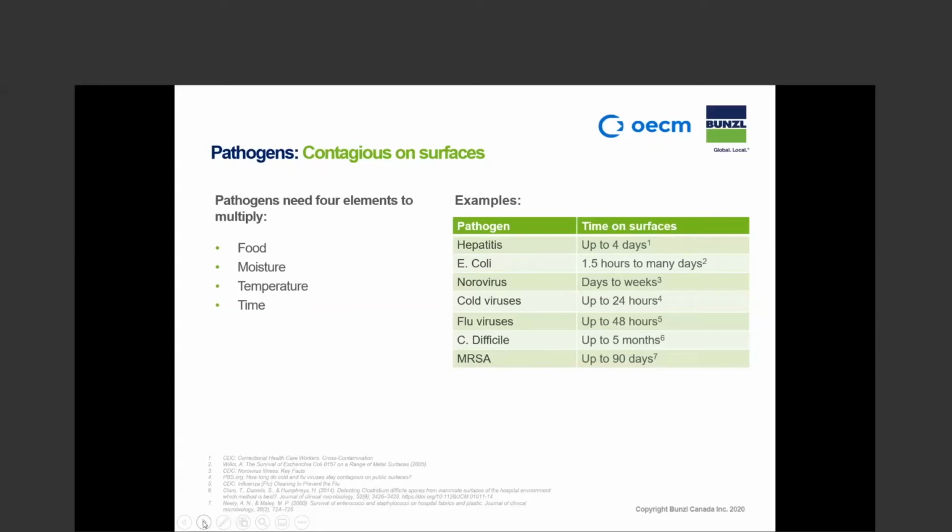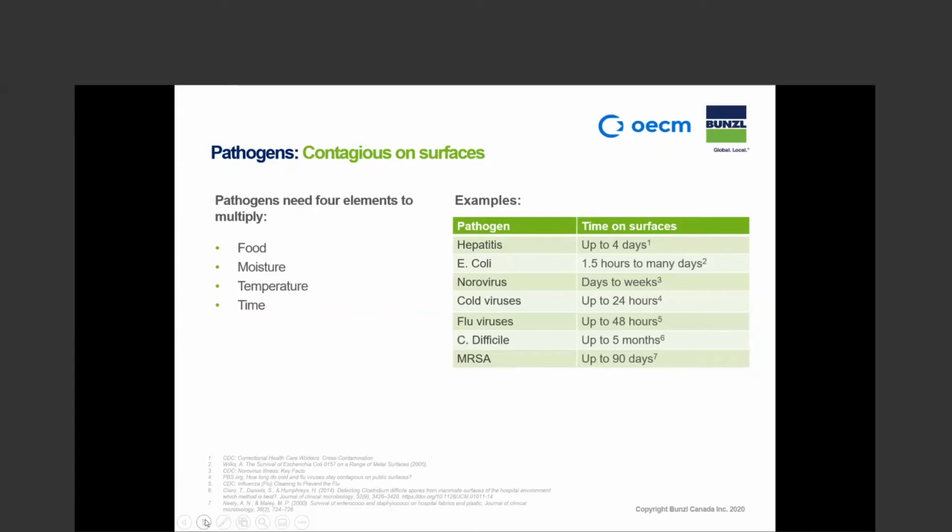Flu is of great concern this year. Talking to my colleagues in Australia, they've just been through the batch of flu that we're going to get, and we need to be prepared for that. In many ways, that may be more of a challenge than coronavirus as we come through the flu season. C. difficile can live up to 5 months on a surface, and we see that in our acute hospitals and environments like that, and it's very challenging.